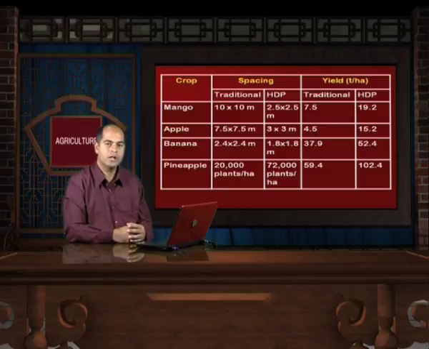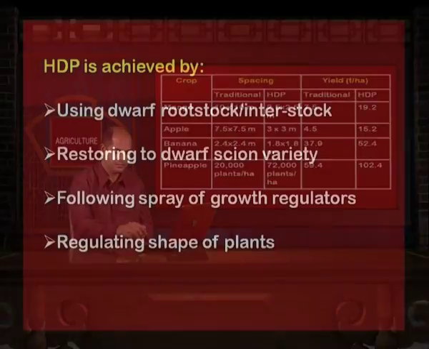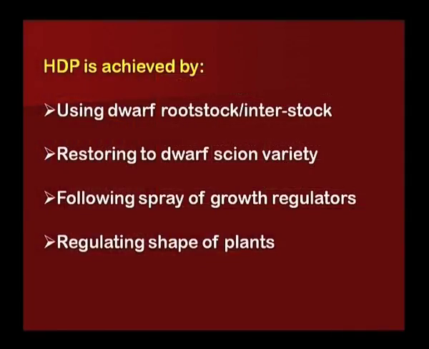So, we can clearly see how high density planting has improved the yield of each fruit crop. HDP is achieved by using dwarf rootstock, interstock, resorting to dwarf scion varieties, spraying of growth regulators, and regulating the shape of plants.